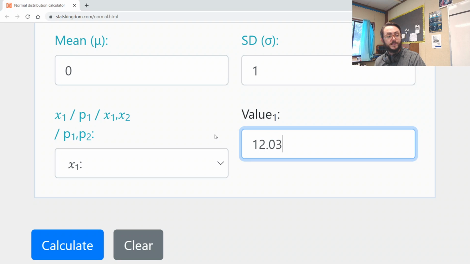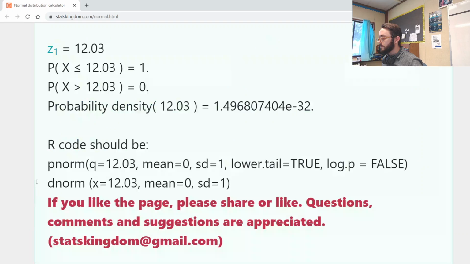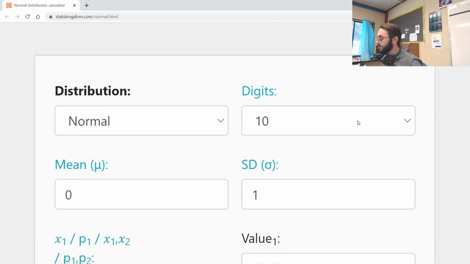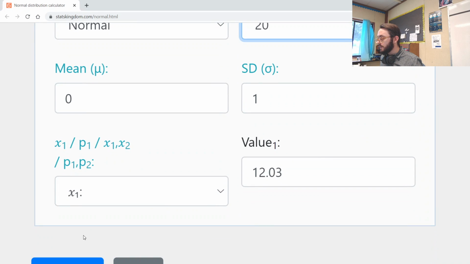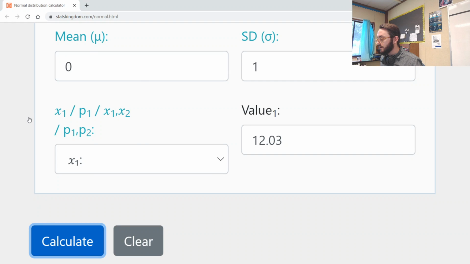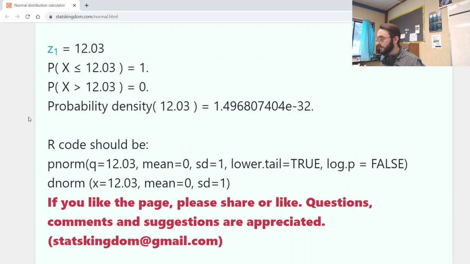Okay, 12.03. There we go. Calculate. Okay, I'm going to increase it to 20 digits. Maybe we'll actually have something in there now. Nope.